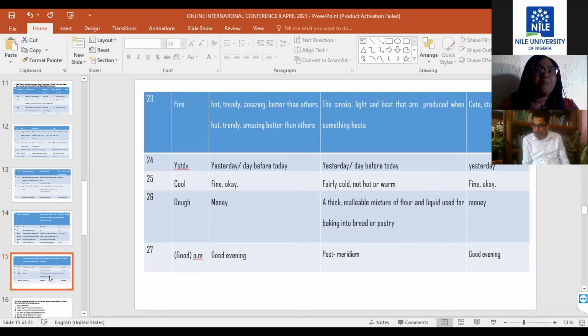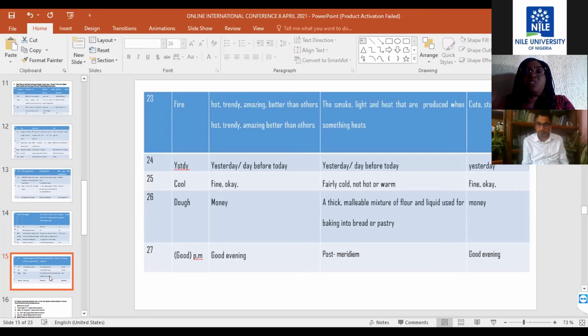But you see, fire. When we use fire in the standard English context, what we mean is the smoke or light or the heat that is produced when something burns.